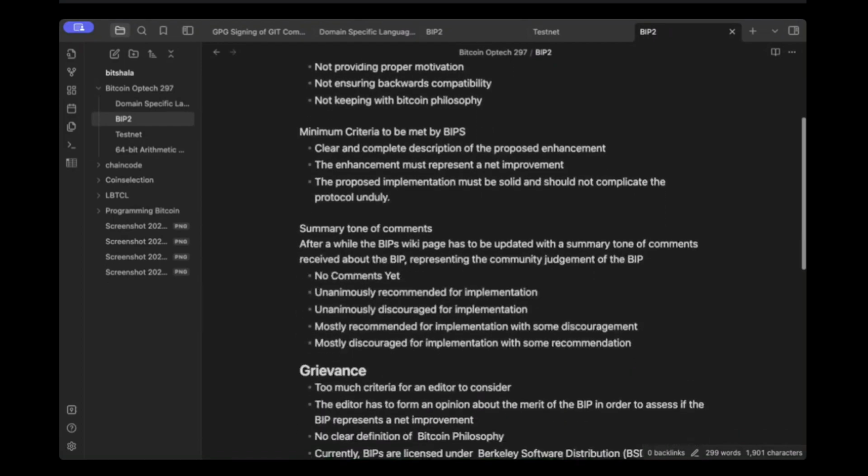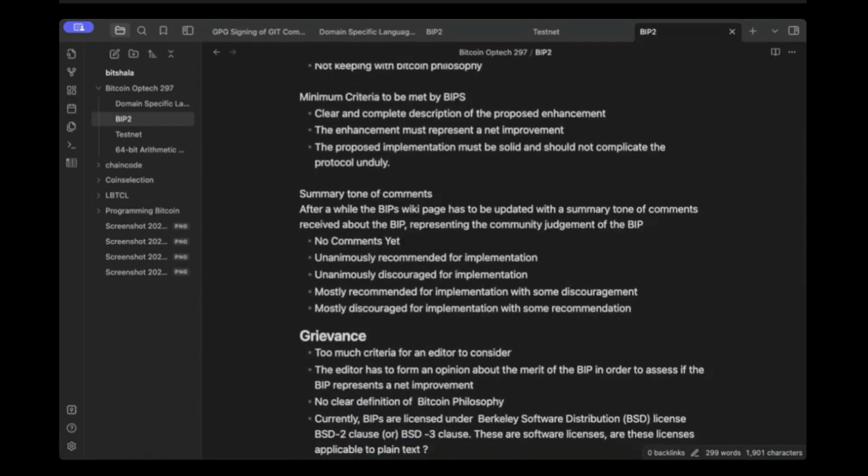And also there is a section called summary tone of comments. When you propose a BIP, you have to create a wiki page. Then you have to update it with all the contents of your BIP, and you have to leave a section for comments.